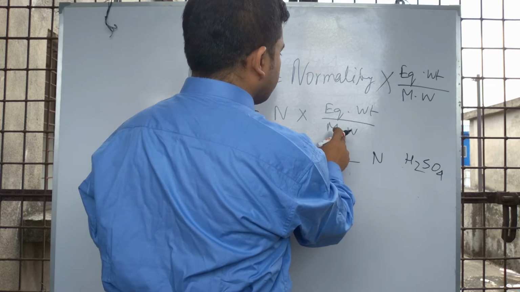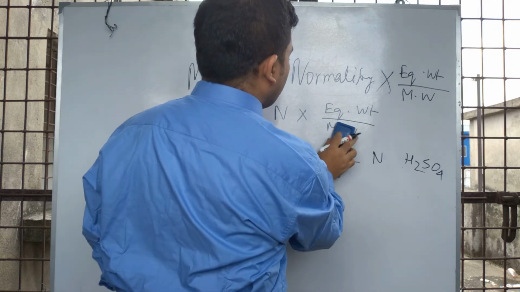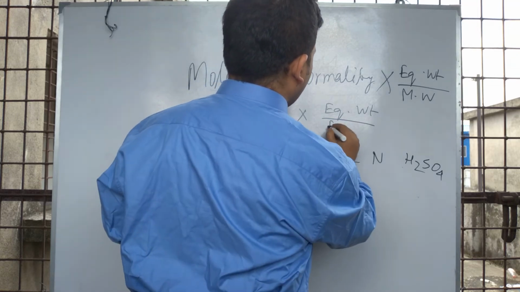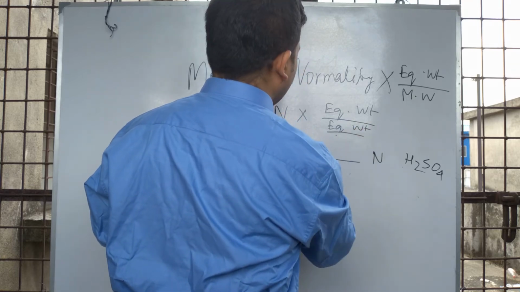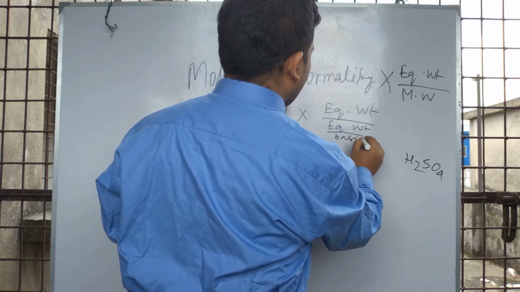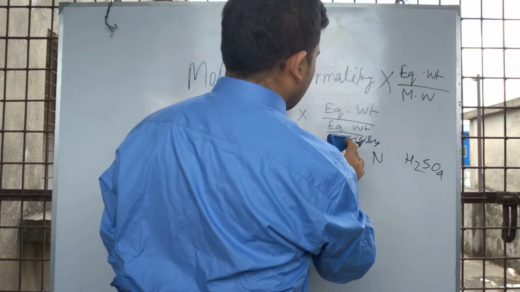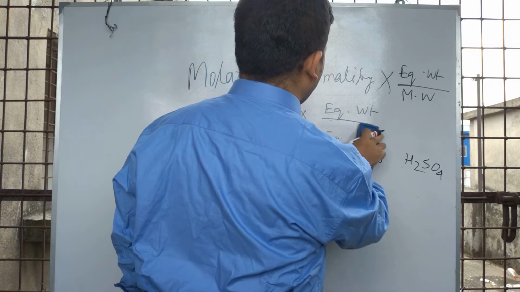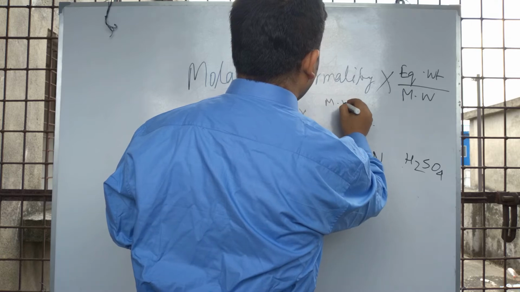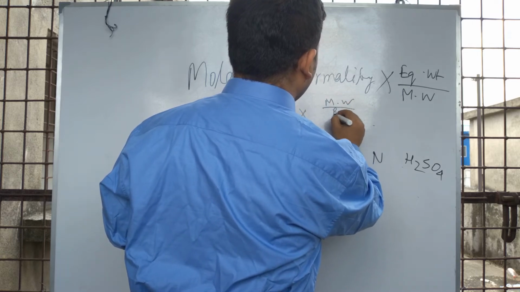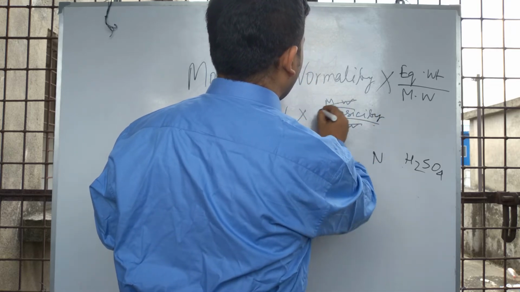Expressing equivalent weight for an acid as molecular weight divided by basicity, divided by molecular weight, the molecular weight cancels.